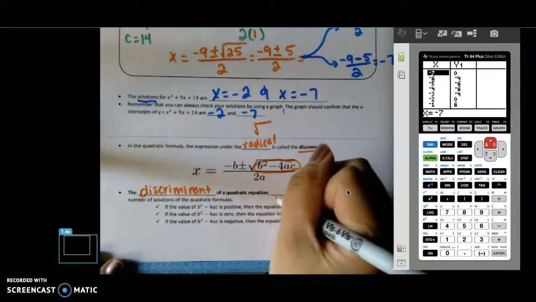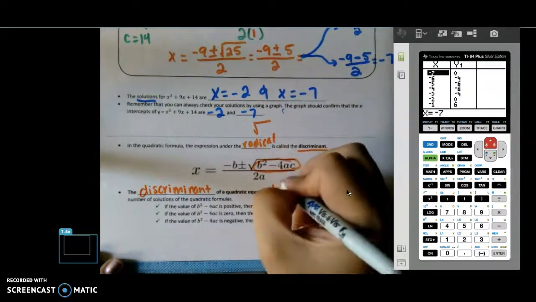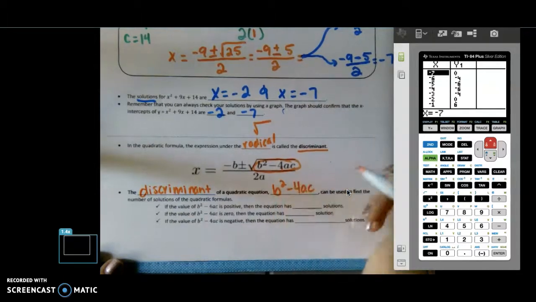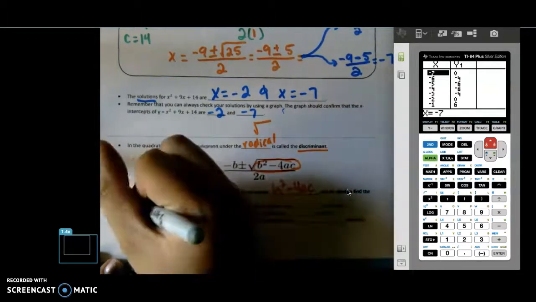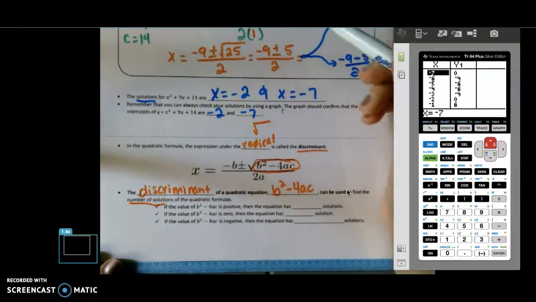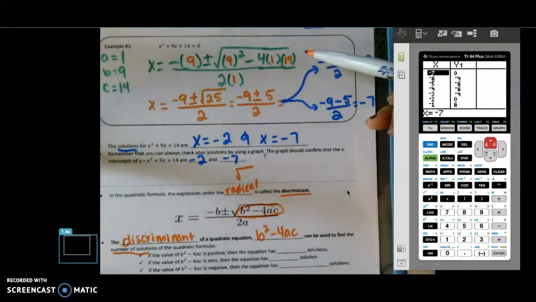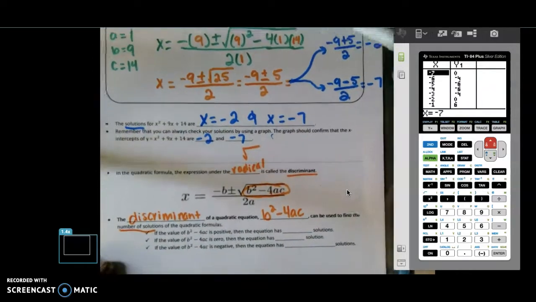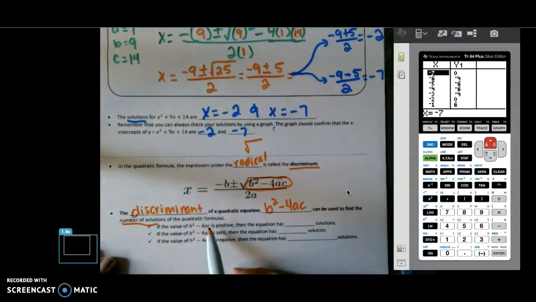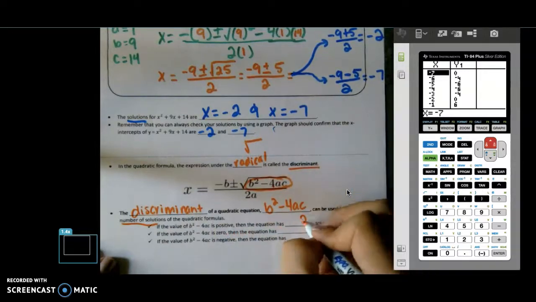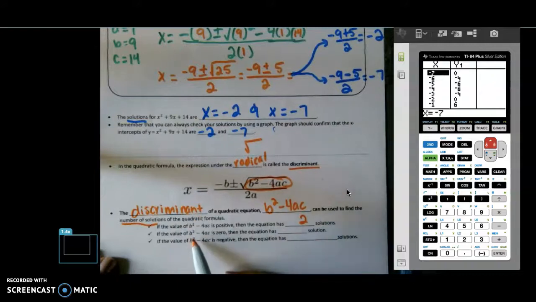The discriminant of a quadratic equation, which is b squared minus 4ac, can be used to find the number of solutions. That's why you want to calculate what's in the discriminant first. Whenever the value of b squared minus 4ac is positive, then the equation has 2 solutions. If b squared minus 4ac is 0, then the equation is going to have 1 solution.